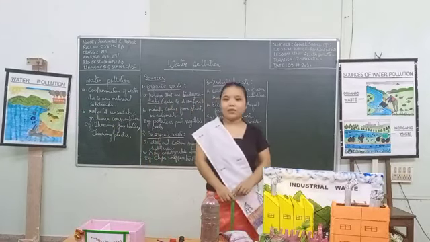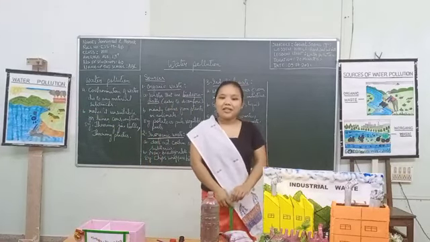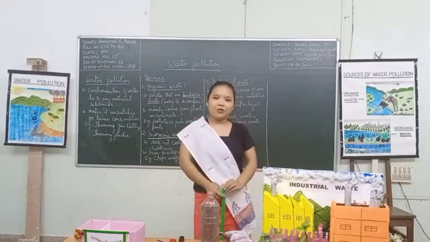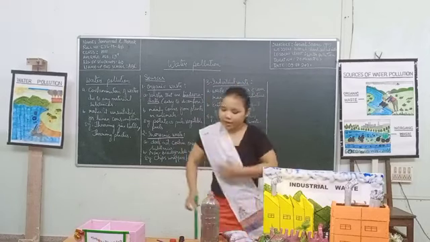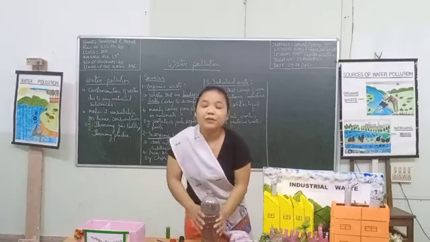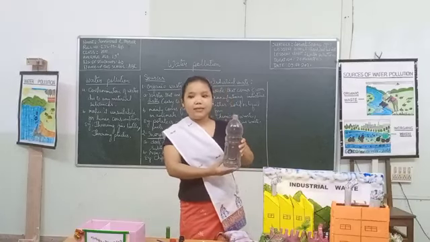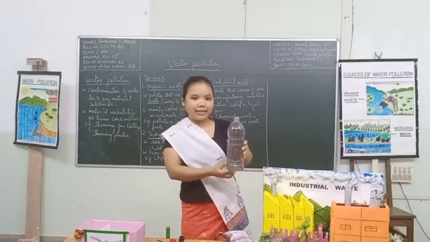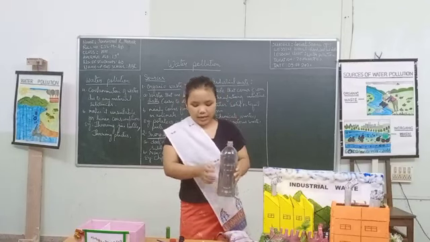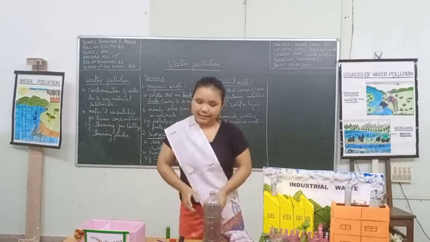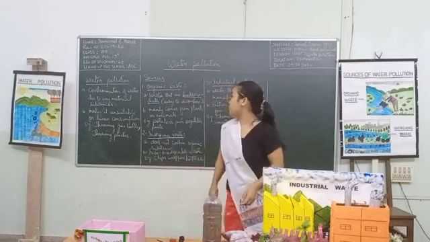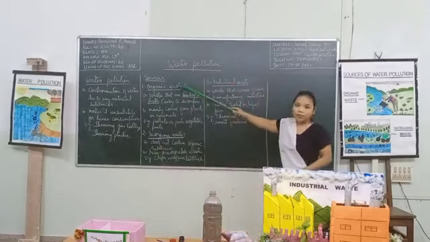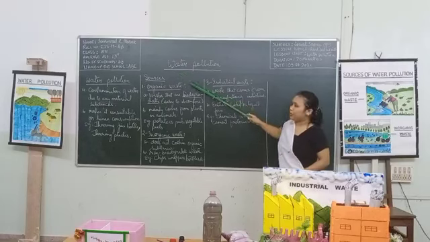So class, let us recapitulate what we have learned today. In the beginning of the class, I showed you with a simple example, by mixing color into water, how it gets contaminated or how water gets dirty. After that, we went to today's topic, that is water pollution.